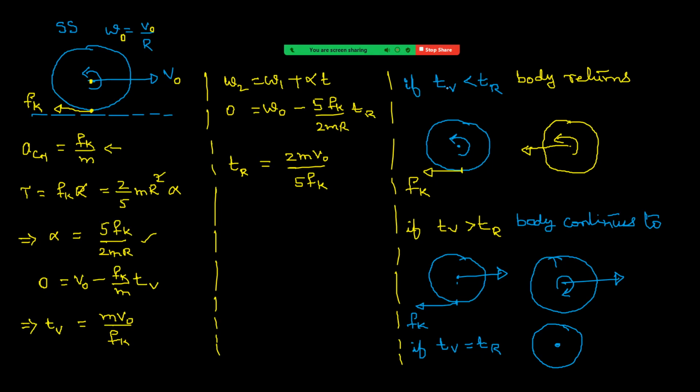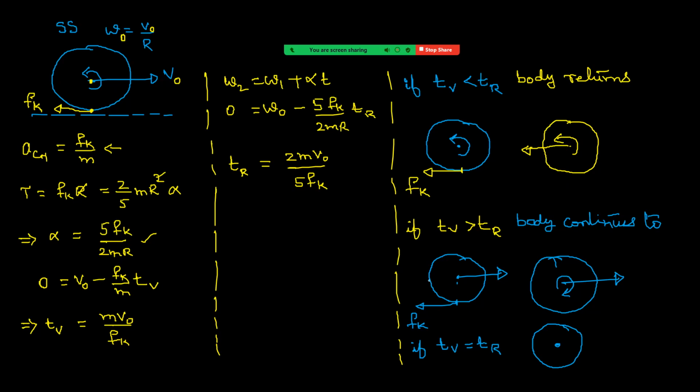If velocity becomes zero before rotation becomes zero, then the body returns. If rotation becomes zero before velocity becomes zero, then the body continues to move in the same direction. If both are becoming zero at the same time, then the body comes to rest permanently. These are the three possibilities.